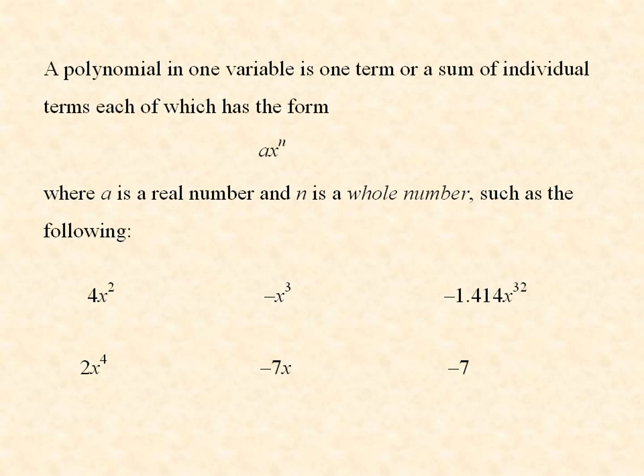Each term of a polynomial takes this form. The negative 7 can be thought of as negative 7x to the 0.